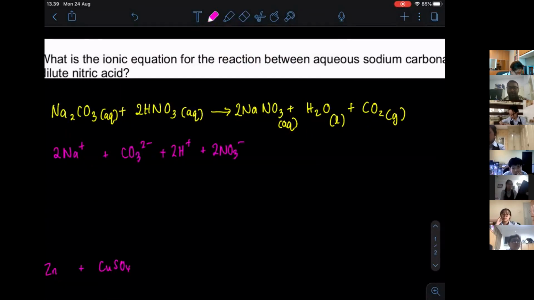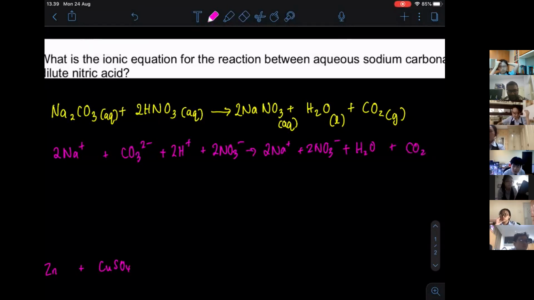Because it's aqueous. 2Na+ and 2NO3-, aqueous, they separate. But how about water? Do they separate, Raphael? No. So water will remain as water. Carbon dioxide will remain as carbon dioxide.